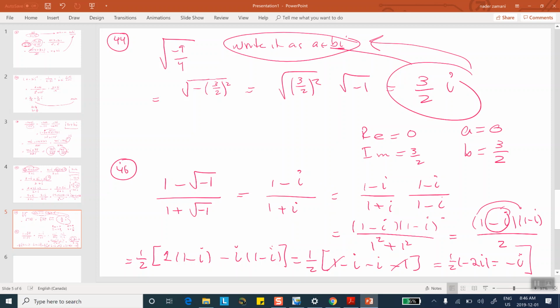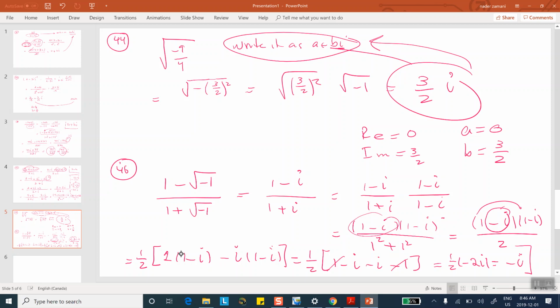Fine. The top is going to stay the way it is. The bottom is going to be 1 squared plus 1 squared. Okay, good. So that's a 2. And then we FOIL this thing. So it's going to be 1/2 of 1 times 1 minus i, fine. And then there's a minus i times 1 minus i, very good.